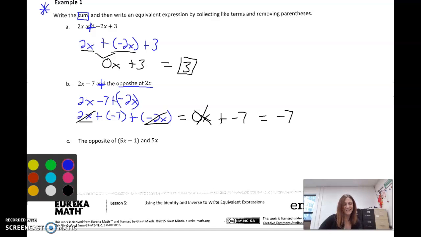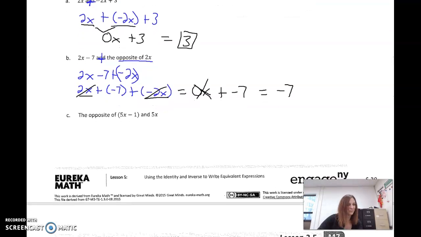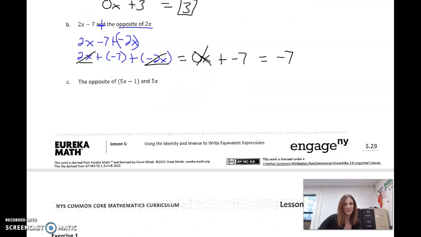Okay. All right, let's try one more. The opposite of 5x minus 1, and plus sign, 5x. So I'm going to go the opposite of 5x minus 1 and 5x. All right, this right here, you know how to do, okay? I'm going to change this to addition.